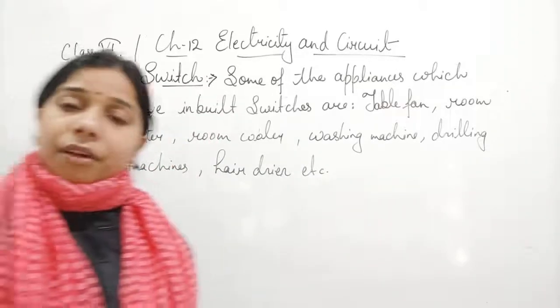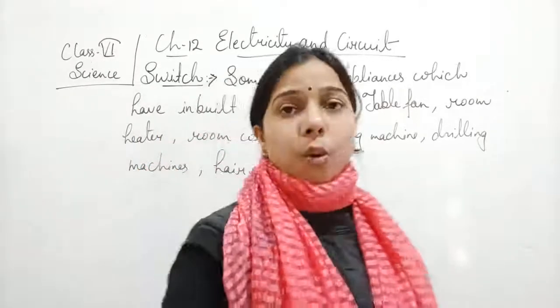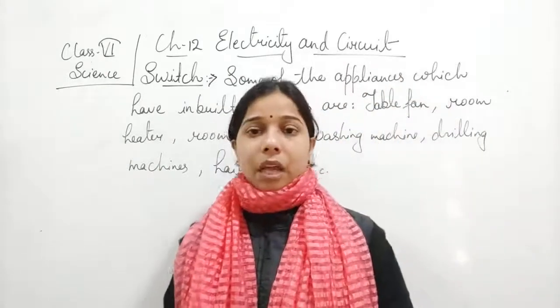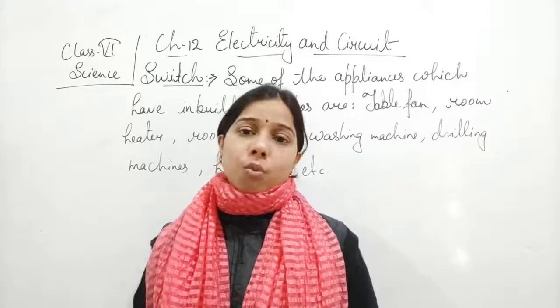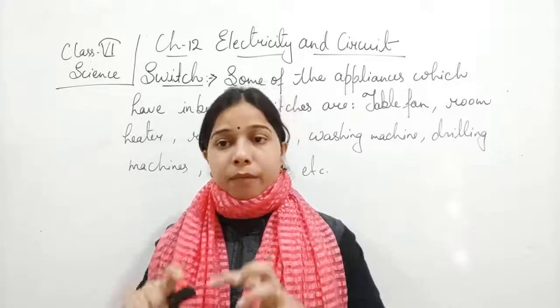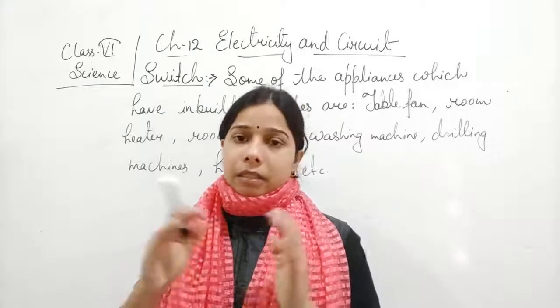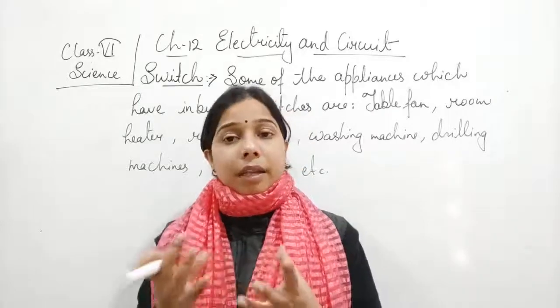Before that, we were talking about the electric circuit, students, in which we added a cell, a torch bulb and two connecting wires, which help in connecting the bulb. And when it is completed, then the bulb lights up.